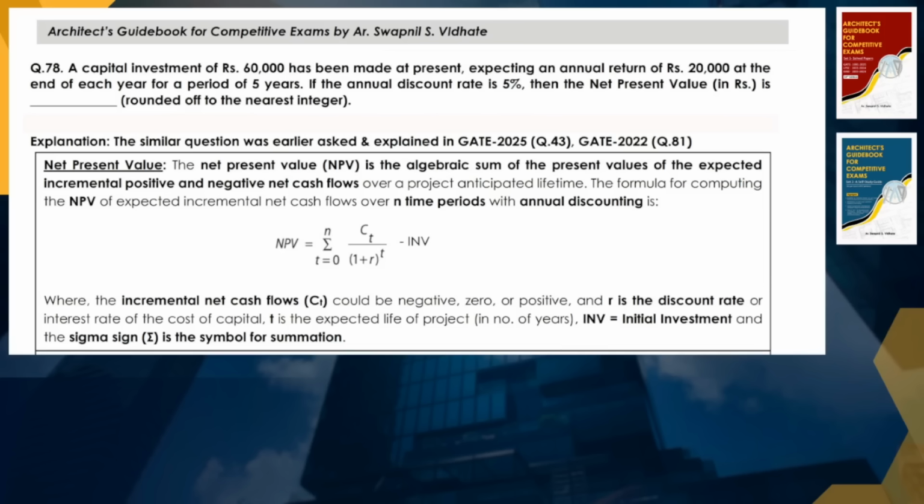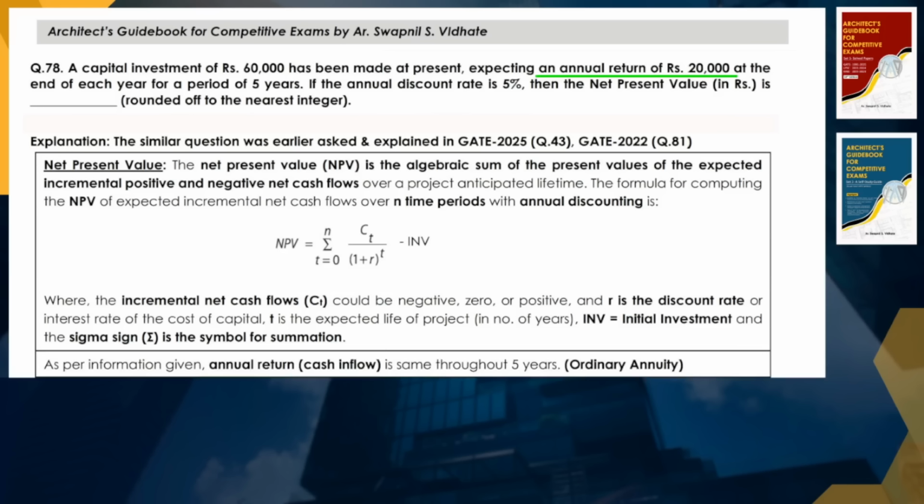It can be the interest rate you are paying to the bank, etc. It is the interest rate or the cost of capital I have just mentioned. T is the expected life of the project, in number of years. INV is the initial investment. So simply, the summation of all the cash flows during the life of the project minus the initial investment will give you the net present value of that project.